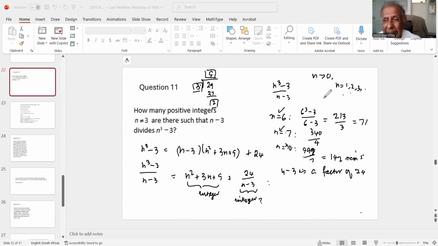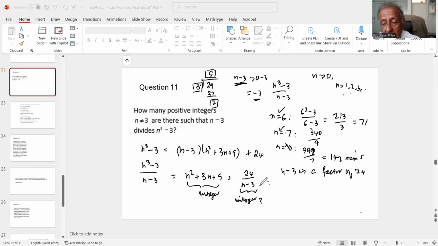Now remember that n is greater than 0. So therefore, n minus 3 is greater than 0 minus 3. So n minus 3 is greater than minus 3. Watch out. This thing is greater than minus 3.